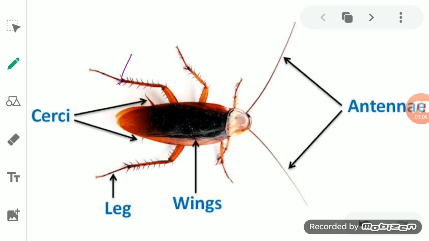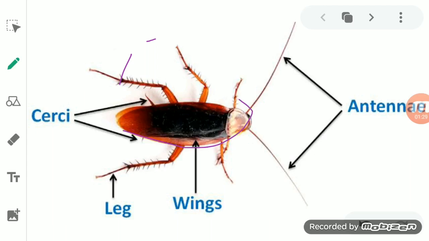The legs of the cockroach can be moved easily with the help of muscles. These legs are attached to muscles, and the muscles of the legs help it move from place to place. The muscles which move the legs of the cockroach are attached to the inside of the exoskeleton.